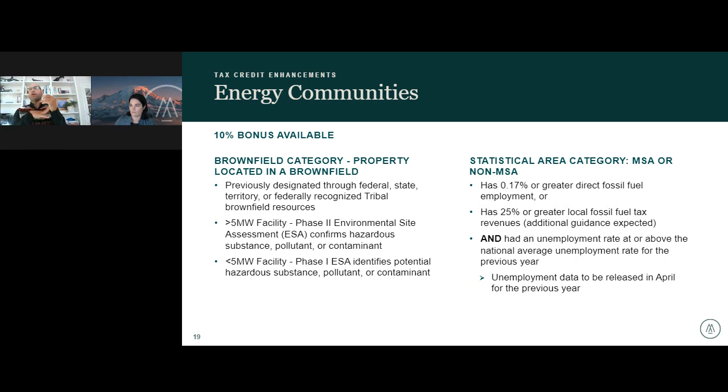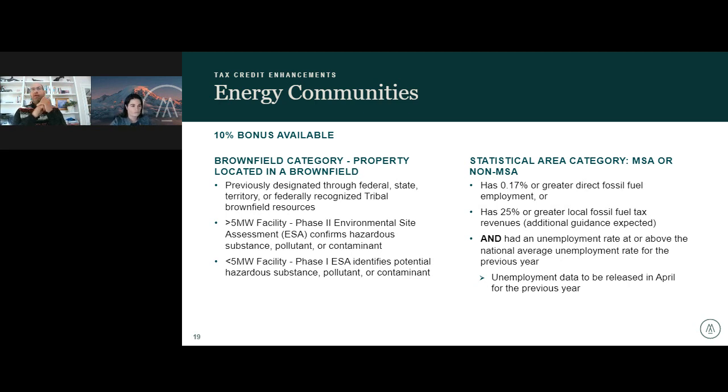The first way is in the brownfield category. So a project can be located in a brownfield, and that can be a federal, state, or even a tribally designated brownfield. And that would qualify for the 10% bonus. Additionally, for facilities that are greater than 5 megawatts in size, if a phase 2 environmental site assessment has been performed that confirms there is actually contamination or pollutants, then that would meet the brownfield category.